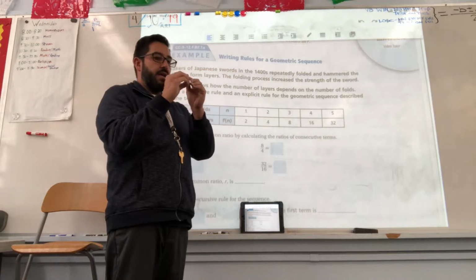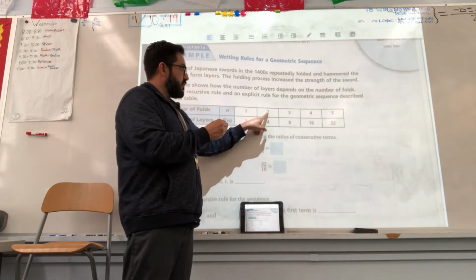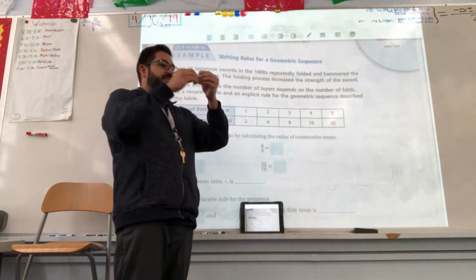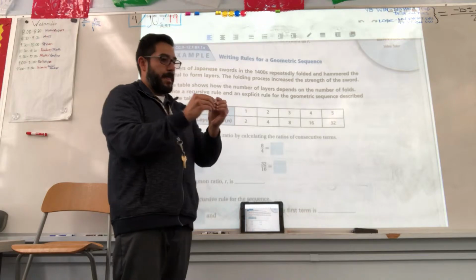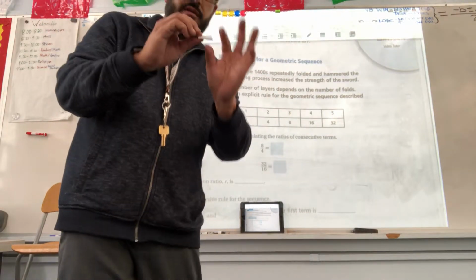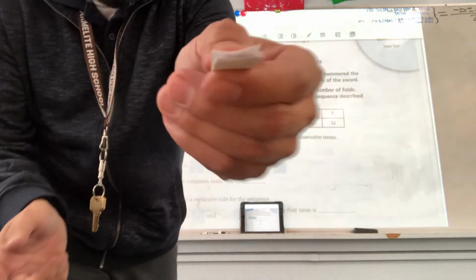If I fold that again, I have 2 folds and 4 layers, okay? And then if I fold that again, I have 3 folds, and there are 8 layers in there. If you could count that, you would see that there are 8 layers right there.